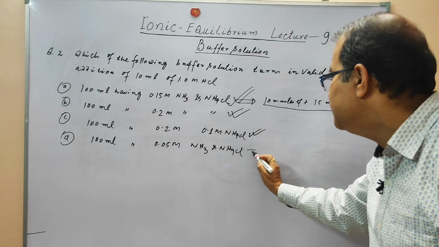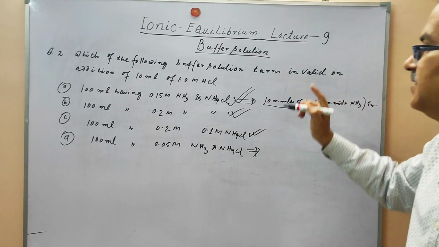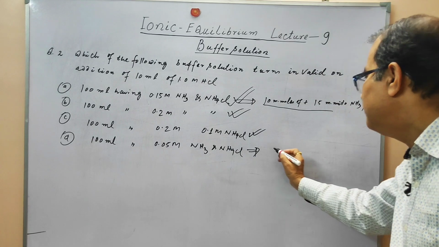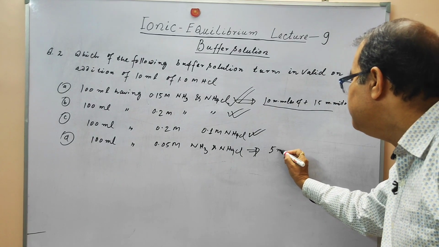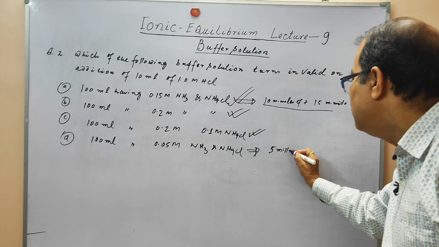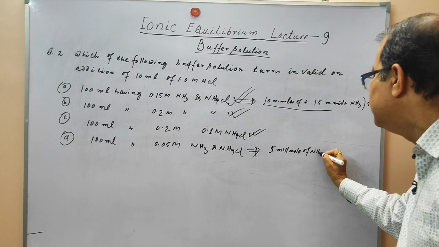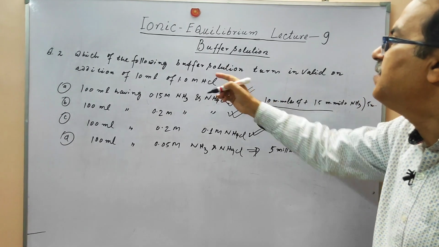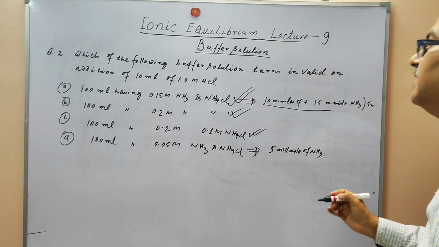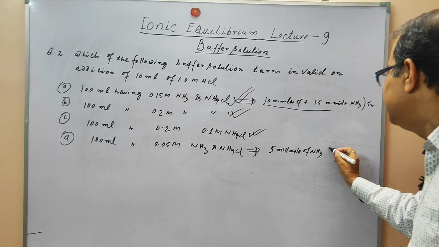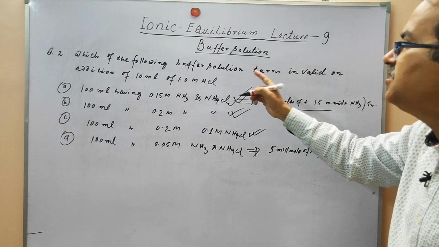But here you can see that 0.05 into 100 milliliter means 5 millimoles... 10 millimoles of NH3, and you have been given 10 millimoles of HCl in the solution.